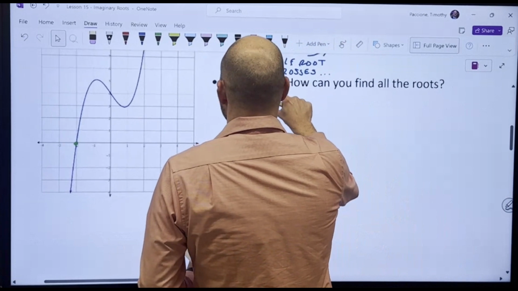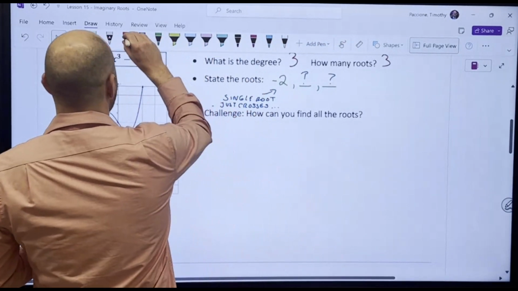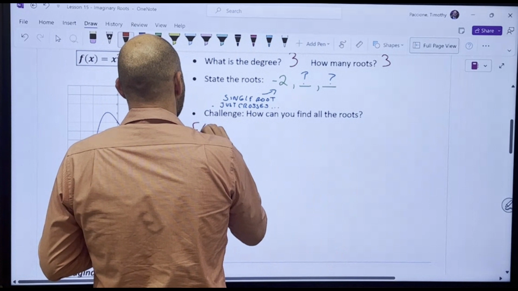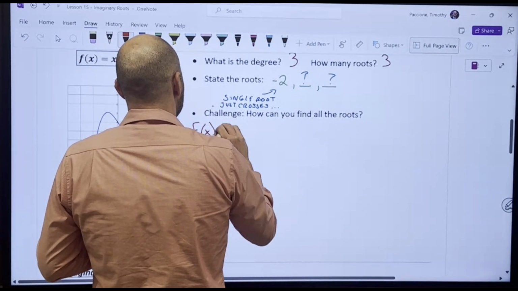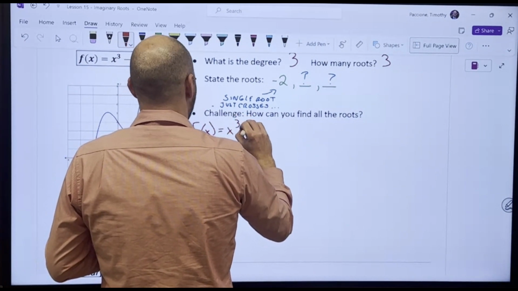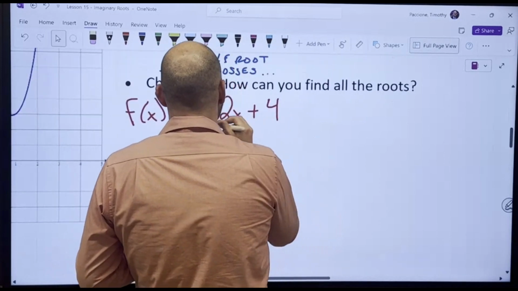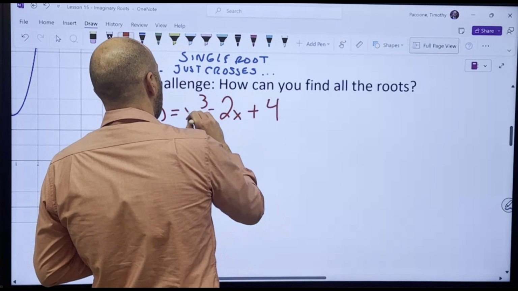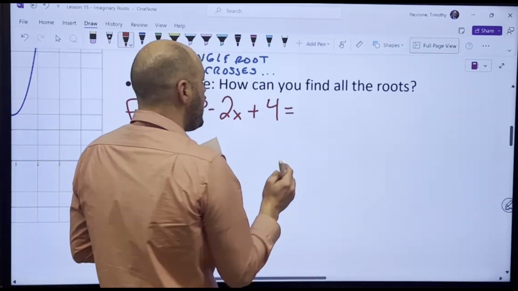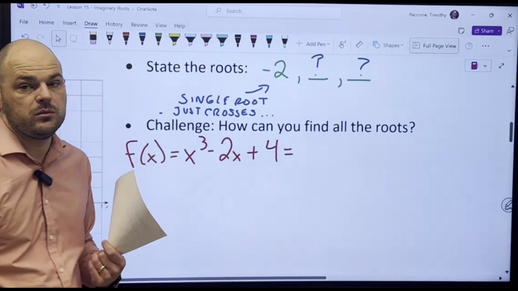So think about what we know. We know the function equals x to the third minus 2x plus 4. And then we know that a factor, a root, is -2.